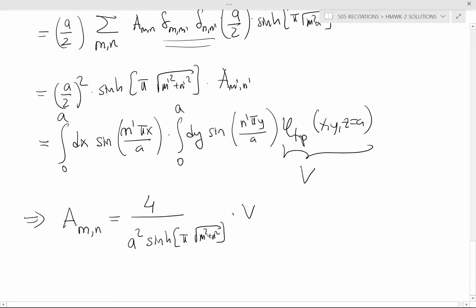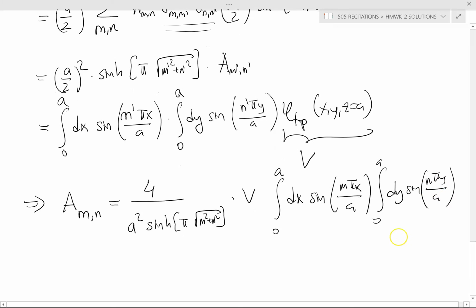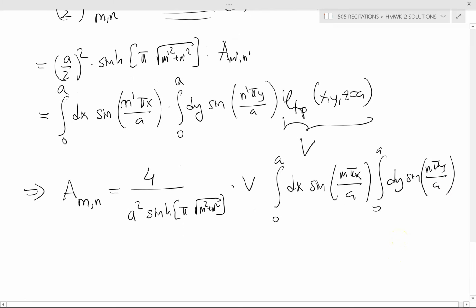V multiplied by integral 0 to a dx sine m pi x over a, integral 0 to a dy sine m pi y divided by a. Okay, I could have taken the V outside because they are not dependent on x and y. It is always constant on those surfaces. So this integration turned out to be this one.